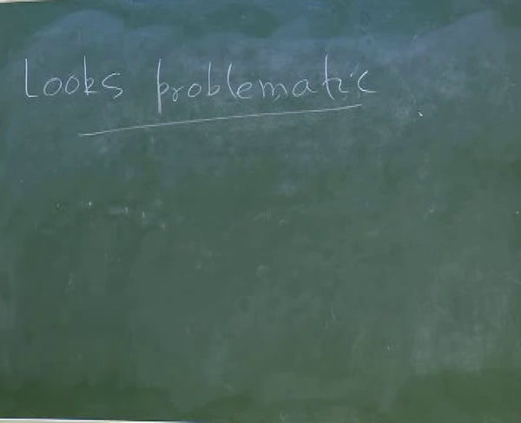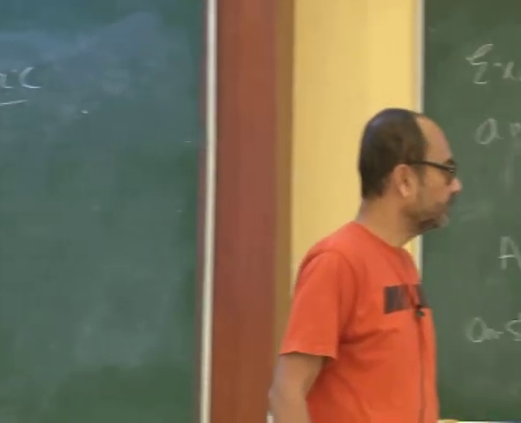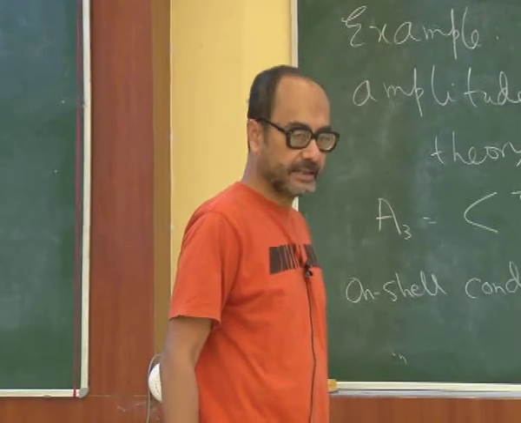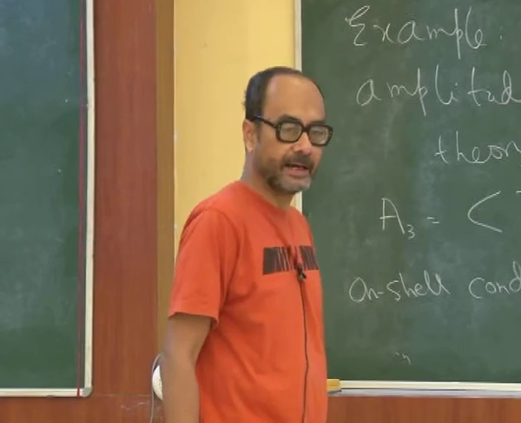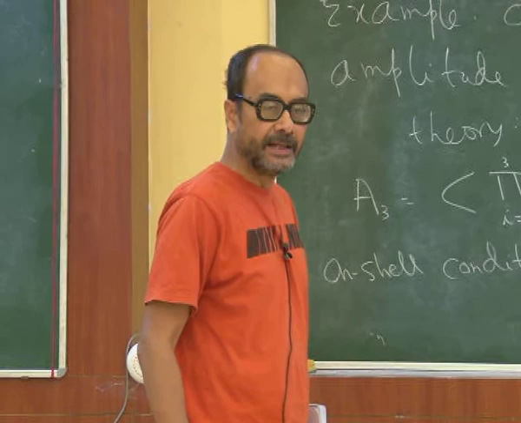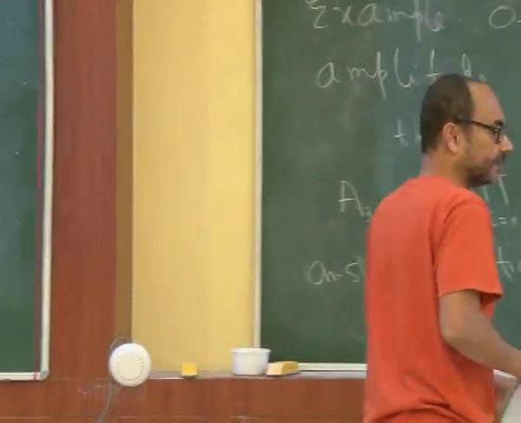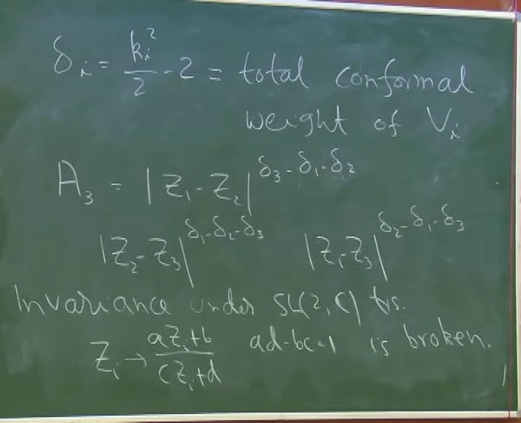Sorry, Ashok, just to check, this is the amplitude with z1, z2 and z3 at some fixed points. Yes. But then of course we would have to integrate over the... No, in a 3-point function you never integrate. This is the genus 0 3-point function. The reason that we don't integrate is because of this SL(2,C) invariance. We say that we can take any set of z's to any other set of z's.